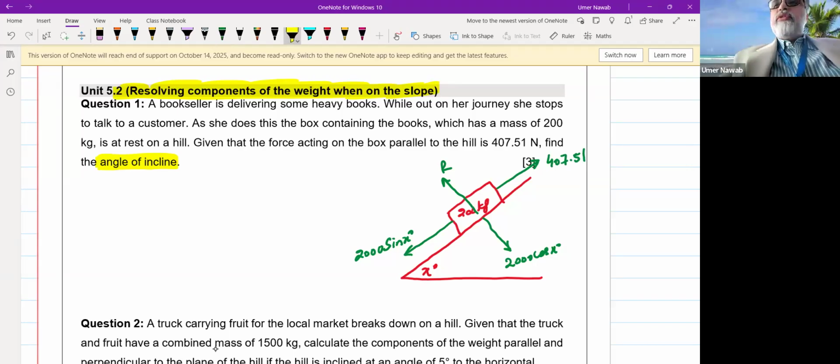Now this force should be equal to 2000 sine of X. The box is at rest on the hill, so it is not moving. He didn't talk about friction here.